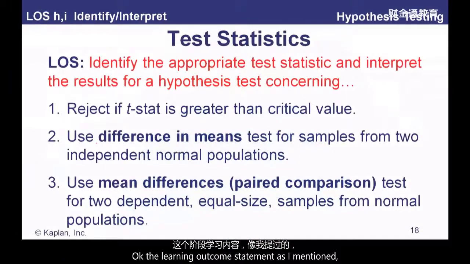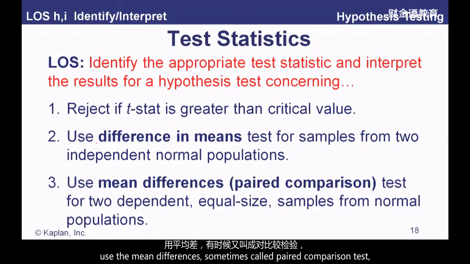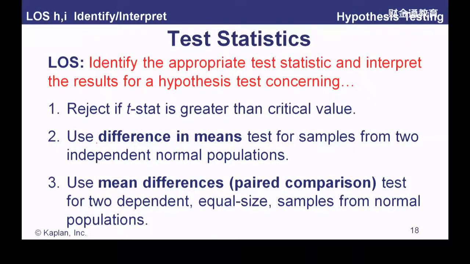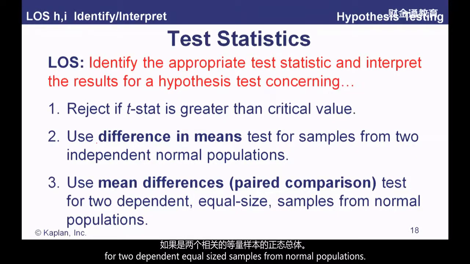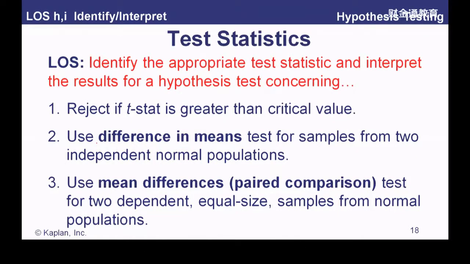Okay, the learning outcome statement, as I mentioned, identify the appropriate test statistic and interpret the results for a hypothesis test concerning. So, reject if it's greater than the critical value, use difference in means for independent normal population, use the mean differences, sometimes called paired comparisons test, for two dependent equal-sized samples from normal populations.